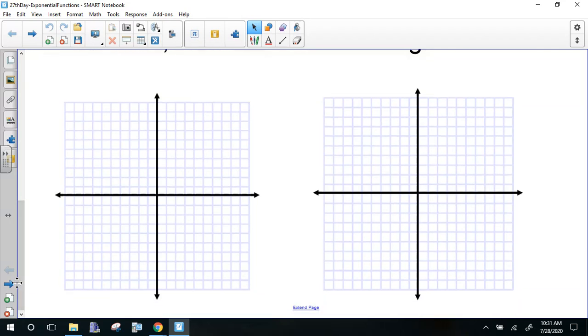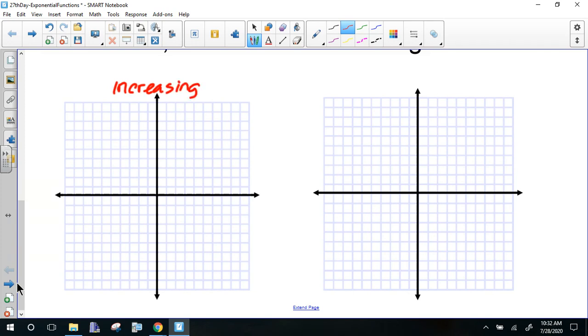So I'll give you an example. An increasing function would look something like this. A decreasing function would look like this.